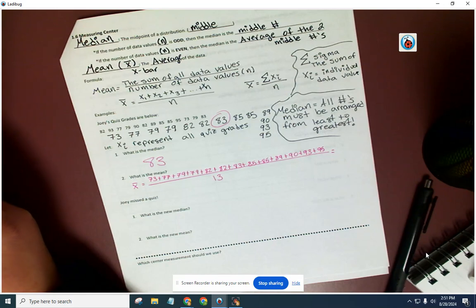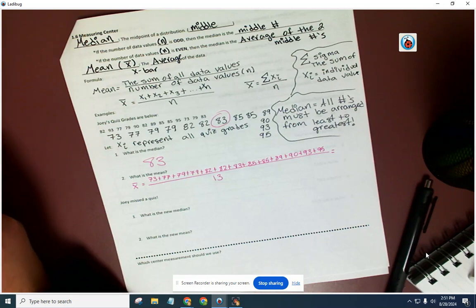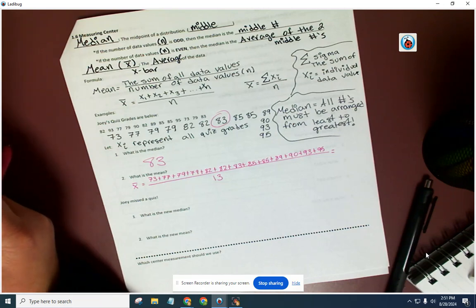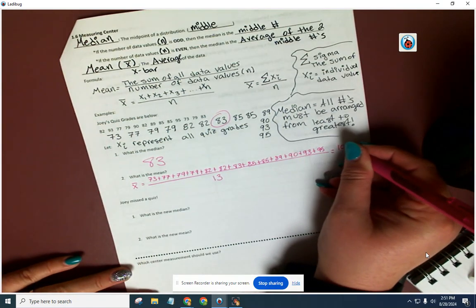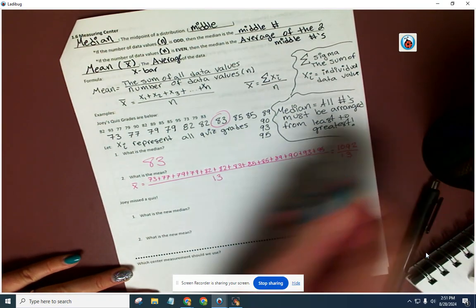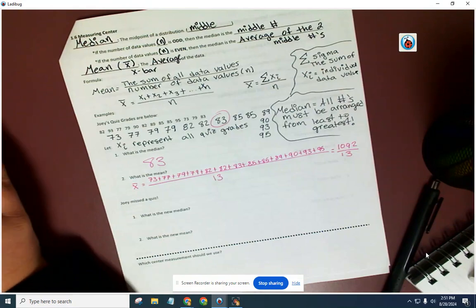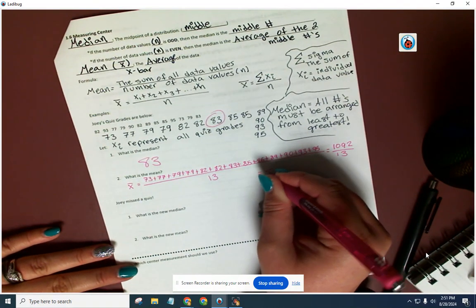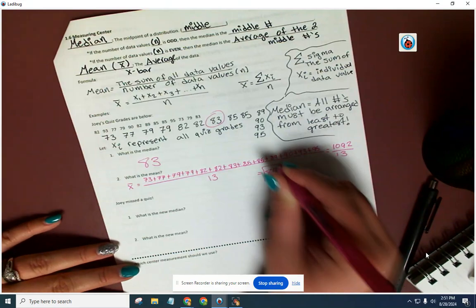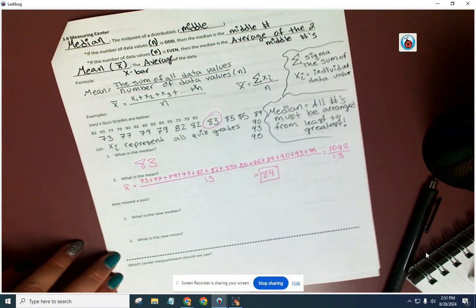So this is 73, 77. Yep, 1,092. Divided by 13, which is 84. So his mean, his average, was an 84.